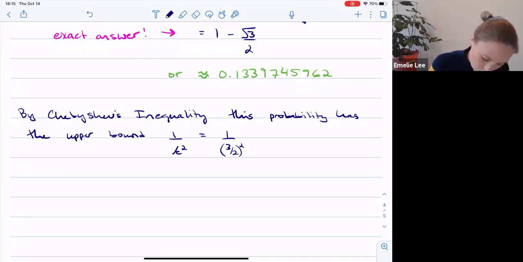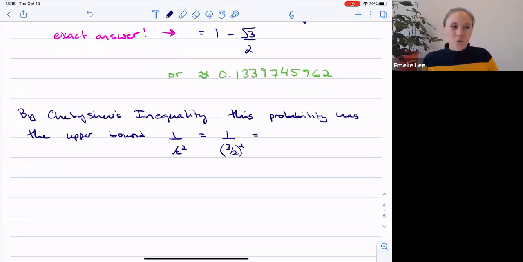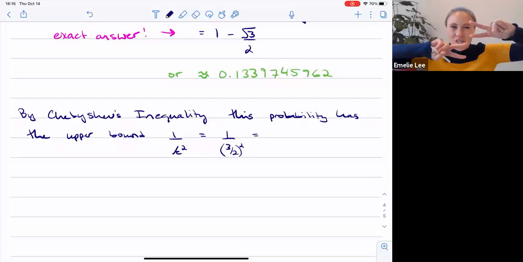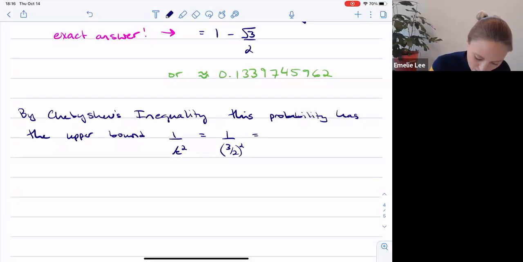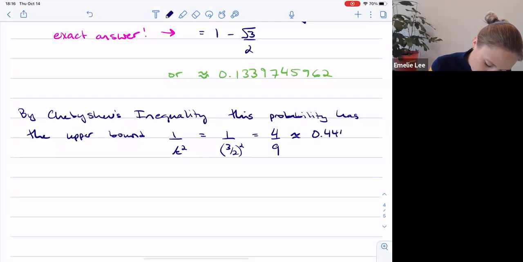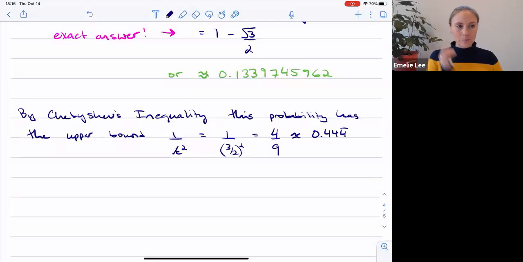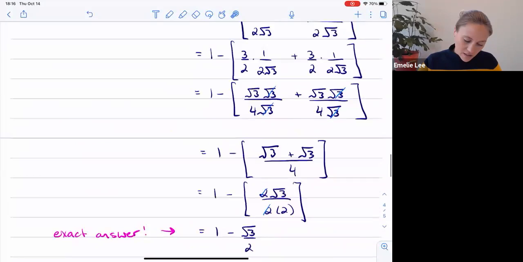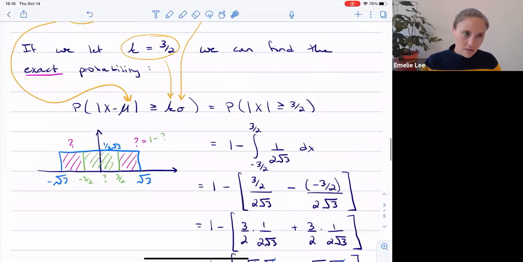So 3 over 2 squared is 1 over 9 over 4, right? Bring that square inside, but then I've got a fraction over a fraction again, right? And then so I need to flip and multiply. And so I get 4 over 9, which is approximately, well, it's 0.444 repeating. So without having to do this huge calculation, right?